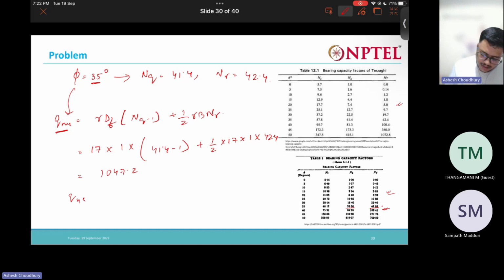If we divide this by 3, we will get the net safe bearing capacity, 349.